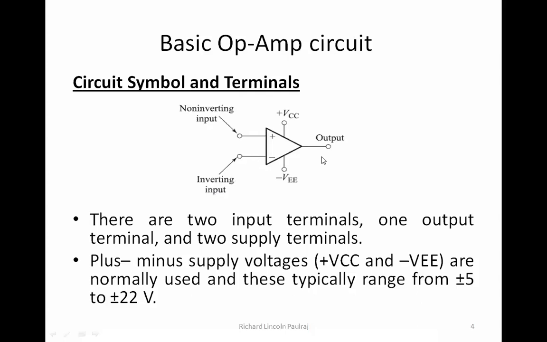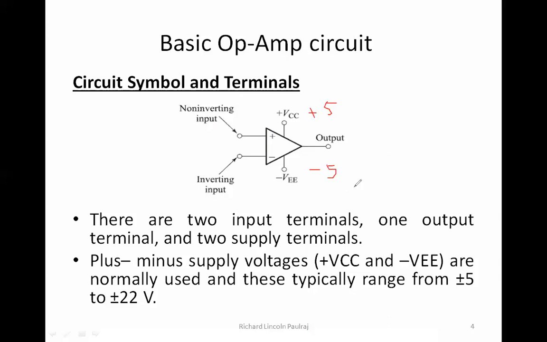Now this one needs to work, which means it needs some food to perform its functions. So it is given in the form of plus VCC and minus VEE. Let us say, for example, I can even give 5 volts. So this is going to be plus 5, and this is going to be minus 5. Unlike previously, where we used VDD and ground, this is not ground.